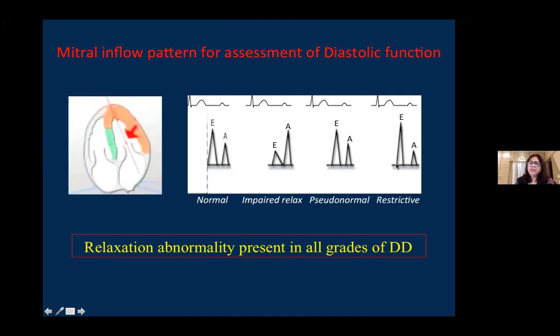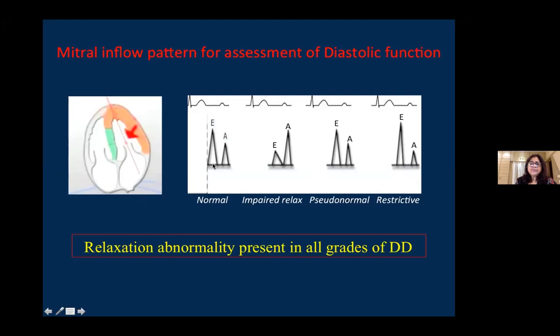So there will be a quick increased flow from LA to LV, which will give rise to very tall E. But because the left ventricle is non-compliant, there is quick equalization of pressure of LA and LV. So there is a quick deceleration that shortens the deceleration time.